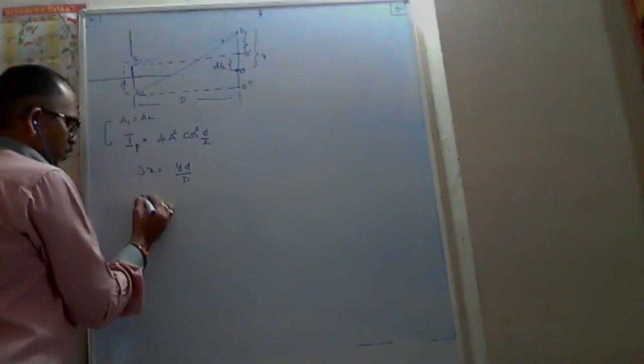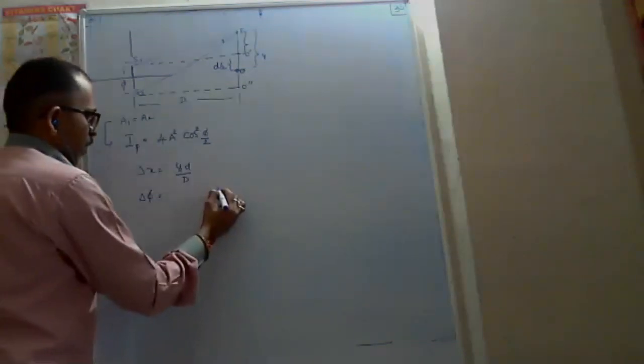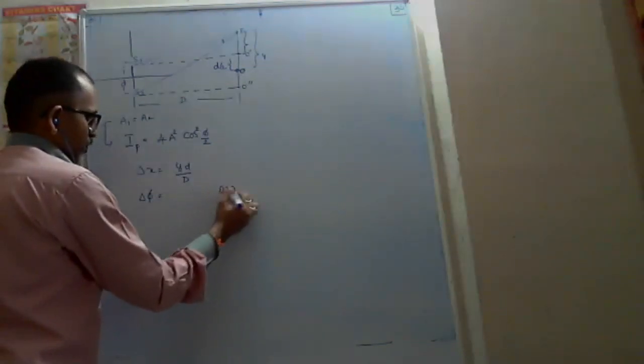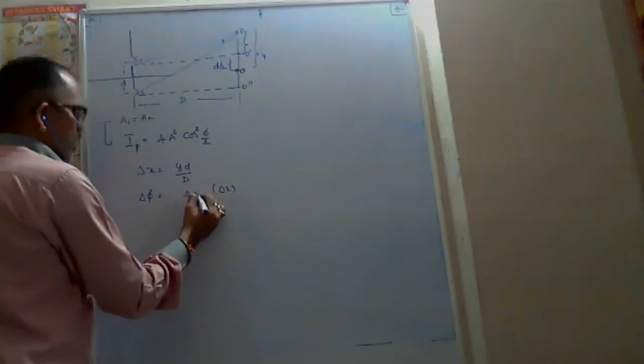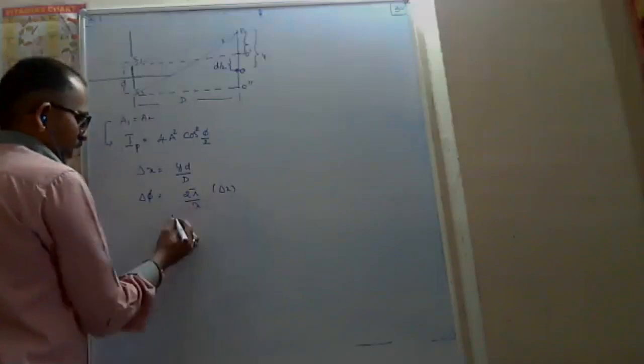And you know the relation between phase difference and path difference: phase difference is 2 pi by lambda into delta x.